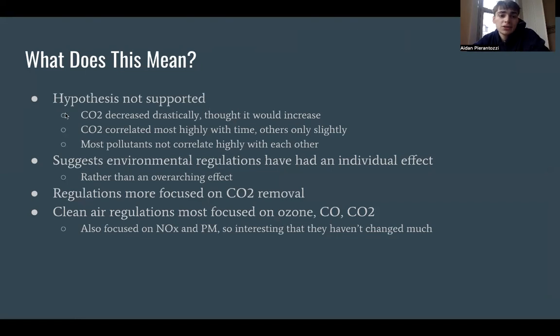This is basically a continuation of my hypothesis not being supported: CO2 decreased drastically, and most pollutants did not correlate highly with each other, suggesting that environmental regulations had an individual effect rather than an overarching effect. Regulations did seem to be more focused on CO2 removal, and clean air regulations were most focused on ozone, carbon monoxide, and CO2. Ozone and carbon monoxide were not part of this study, which makes sense, since a lot of other pollutants didn't change that much because they weren't targeted as much.